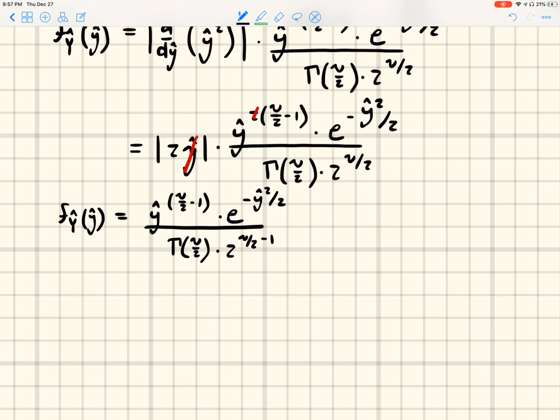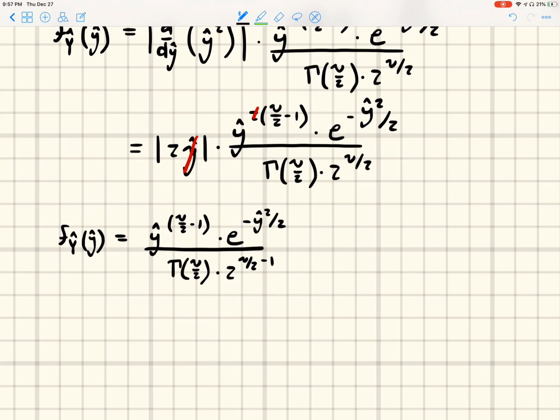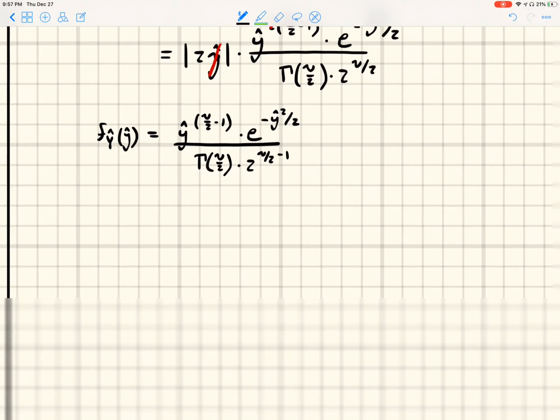I'm going a little fast here. I apologize for that. And this is only partially done because we still have that square root of n term.